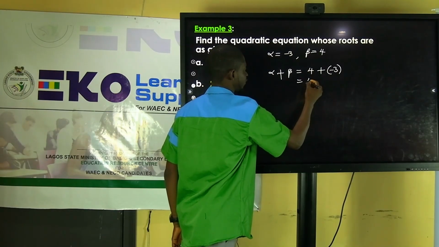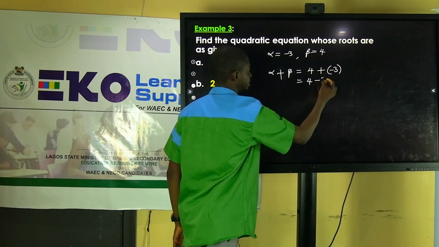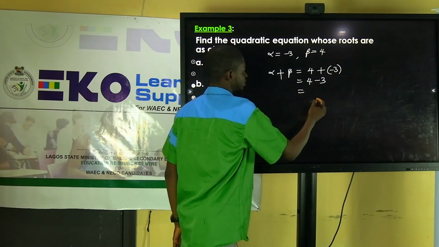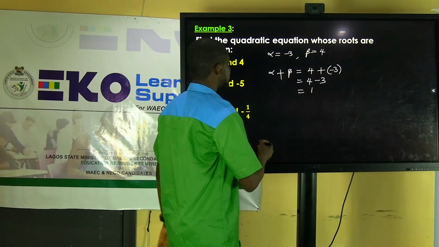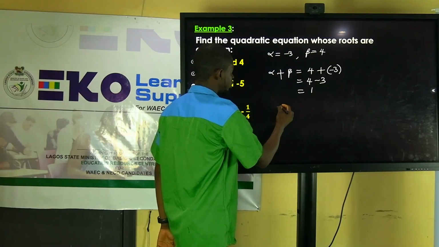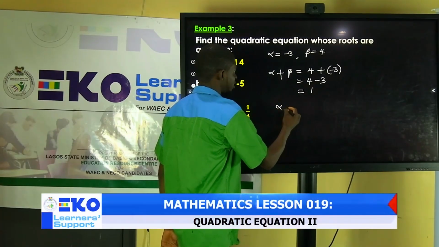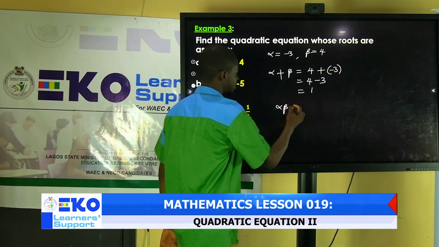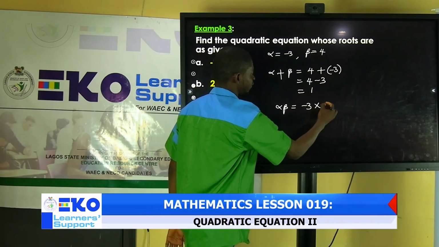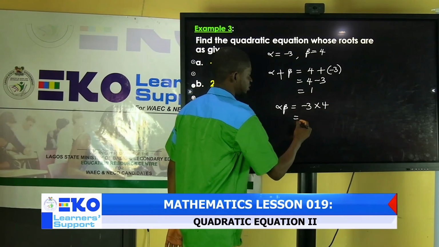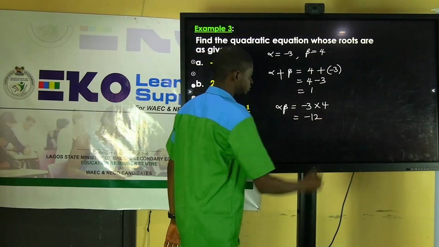That gives us 4 minus 3, which gives us 1. That is the sum of the roots. Then the product of the roots, alpha and beta, which is -3 multiplied by 4, gives us -12.